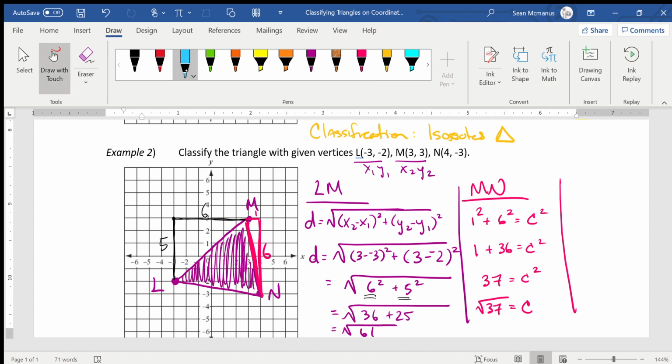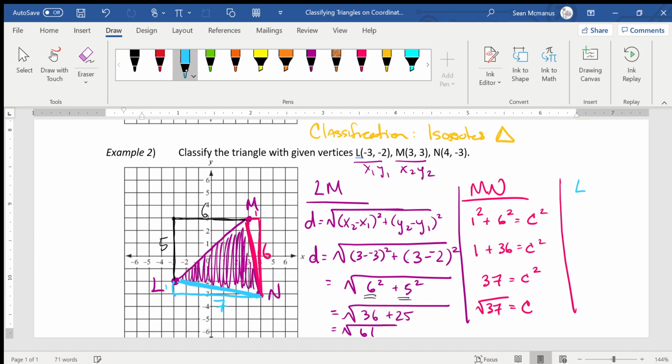And my last side is LN. I'll do it in blue down here, and I'll make my triangle for the Pythagorean theorem. So it goes down 1, and then over 1, 2, 3, 4, 5, 6, 7. So 1 and 7.